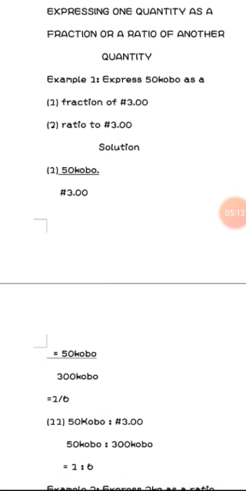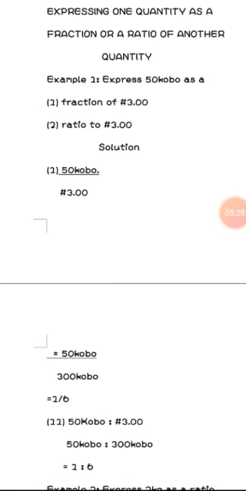So you divide. I divided by 50. 50 divided by 50 is 1, and 300 divided by 50 will give you 6, which gave us our final answer to be ratio 1 to 6.